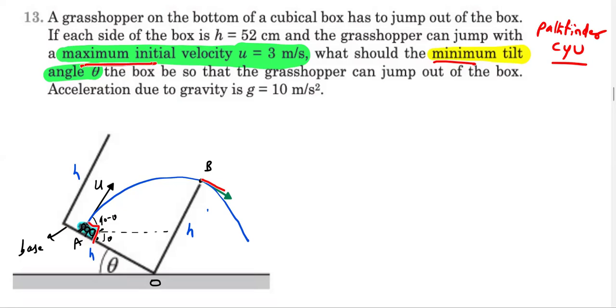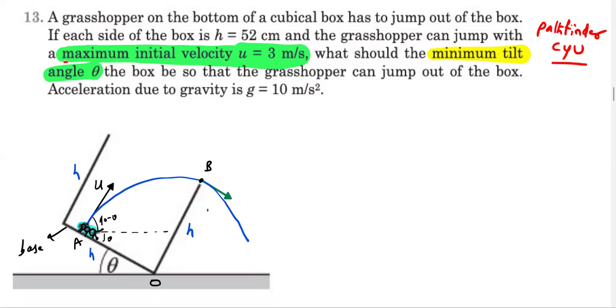Since you are projecting with maximum initial velocity, I'm projecting it perpendicular. And the tilt has to be minimum. Therefore, the velocity has to be perpendicular to the wall BO. So I have only these two things. Based on these two ideas, the problem solving has to be considered. Once again, I'll repeat it.